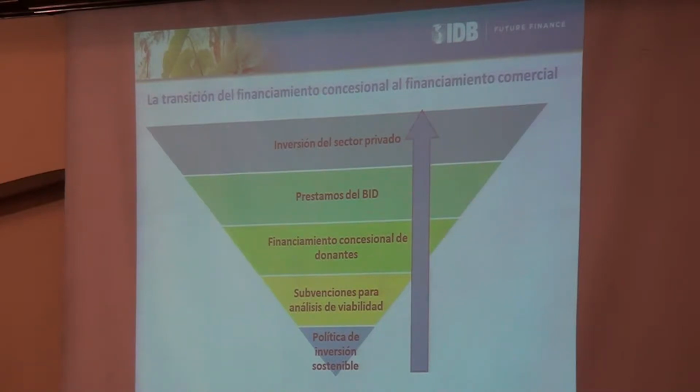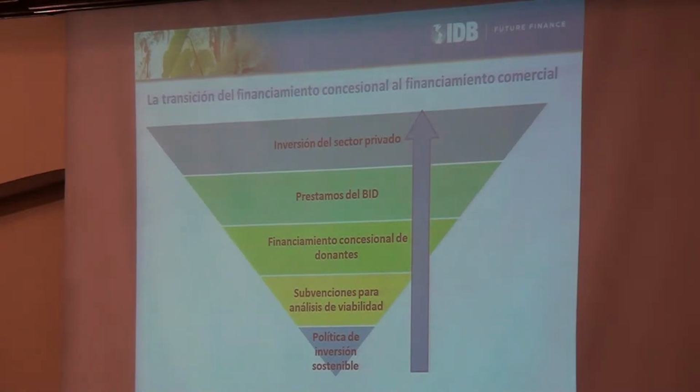The top level on the pyramid, private sector investment, is where ultimately we want to see these technologies end up. But my team works in the middle three levels. And so what we're trying to do is move technologies and businesses that are at that bottom level up to the level where they're capable of being invested in by a commercial entity.